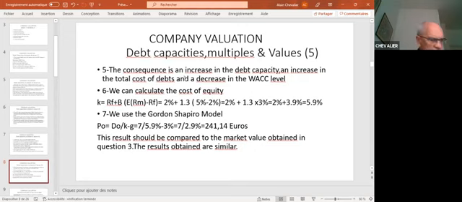Perhaps I should add something more here. If you see that slide in point 5, and what I wrote here among the elements of ANXA, we increase the debt capacity. That's what we said. It means we increase also the total cost of debts, because leasing contracts are more costly than classical straight debt.